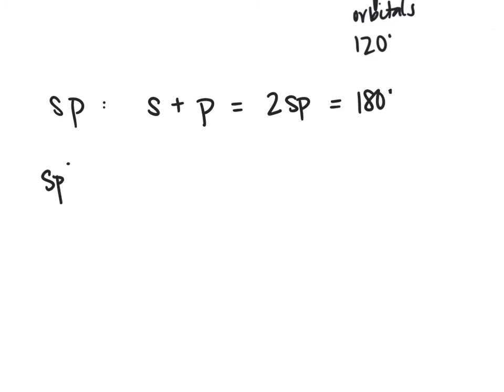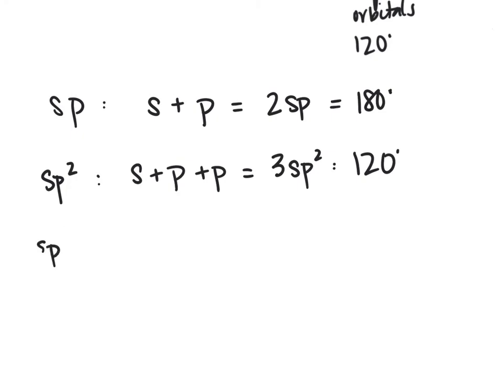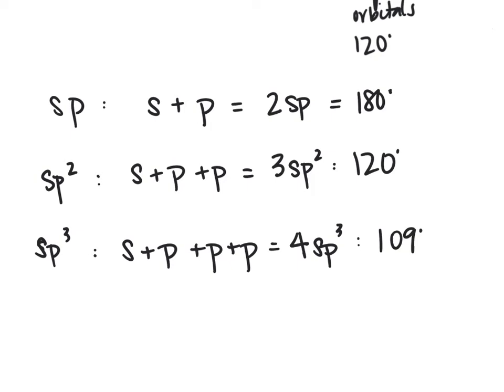For an sp2 hybridization, it's s plus p plus p, and that gives us a total of 3 sp2 orbitals that are 120 degrees apart. For the sp3 hybridization that we saw in methane, we have an s orbital plus a p orbital plus a p orbital plus a p orbital, which gives you 4 sp3, and these are 109 degrees apart.